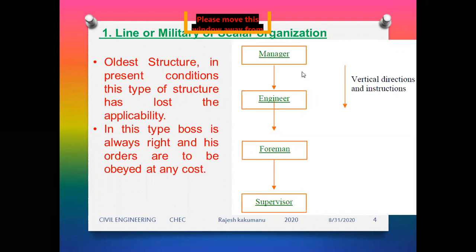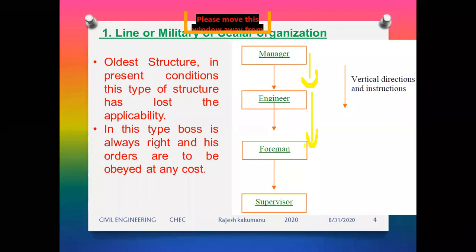If you are running a business or a firm, whatever instructions and rules you get from the manager, the engineer should obey. Once the engineer gets the information from the manager, he has to pass it to the foreman.